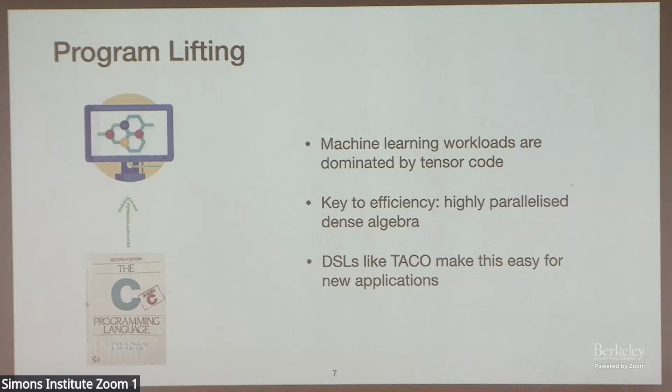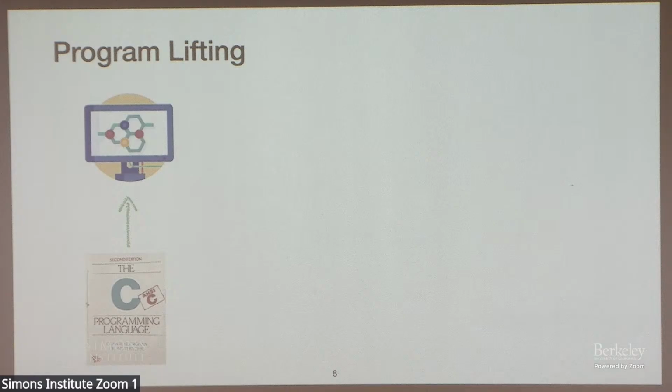And the easiest way to do that, unless you particularly like writing highly optimized C code yourself, is to write your code in a DSL like Taco, which will then compile down to something super efficient. Not so easy if you have already written your code in C and you now want it to be in Taco, though. So that's where we want program lifting to do the work for us.